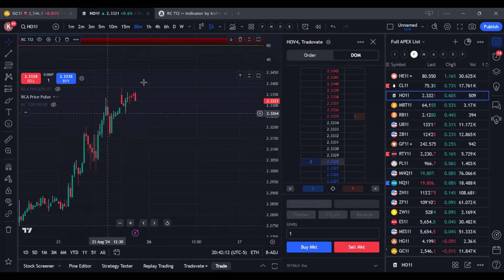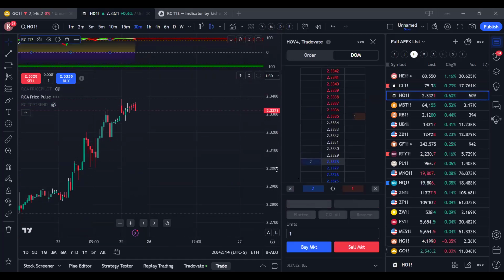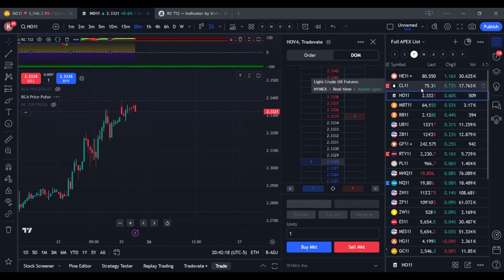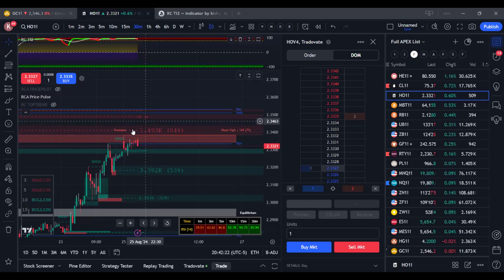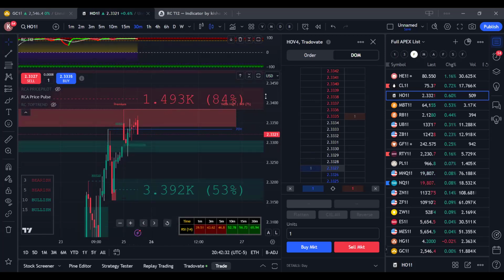If crude oil starts dropping, heating oil also will drop. Both move in the same direction. You can see here also you have nearly 1.5 thousand sell order block. It may come all the way down till here and then bounce back.